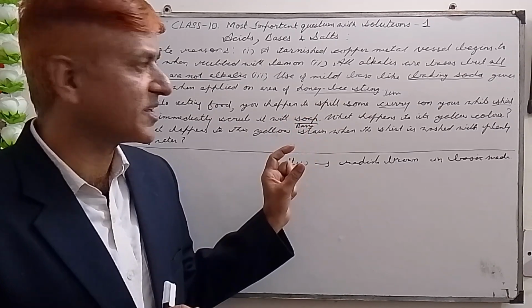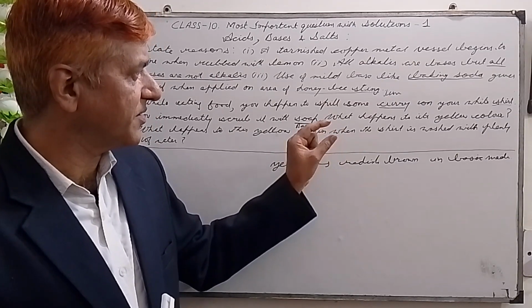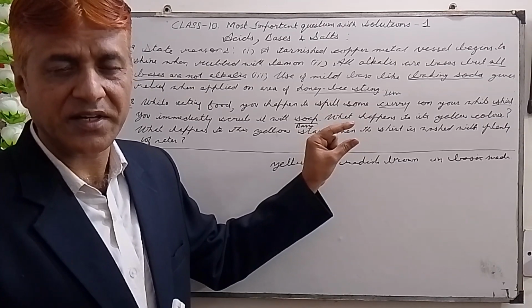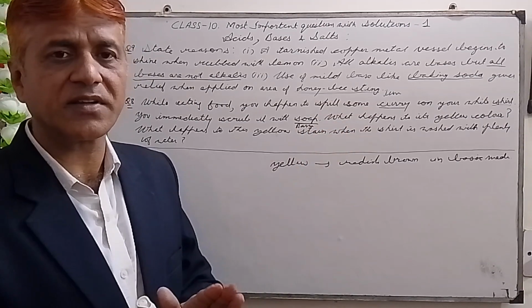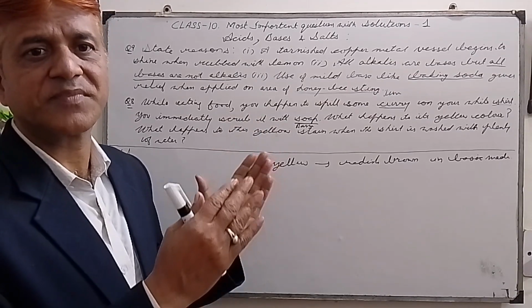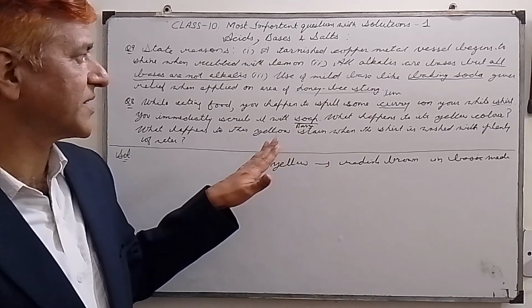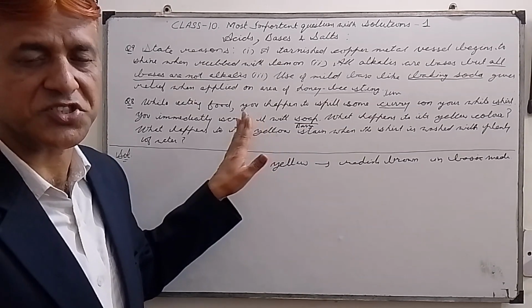Soap is not there. So the reddish brown color of the stain will disappear, and yellow color once again will reappear on the stain. So I think you understood this question.